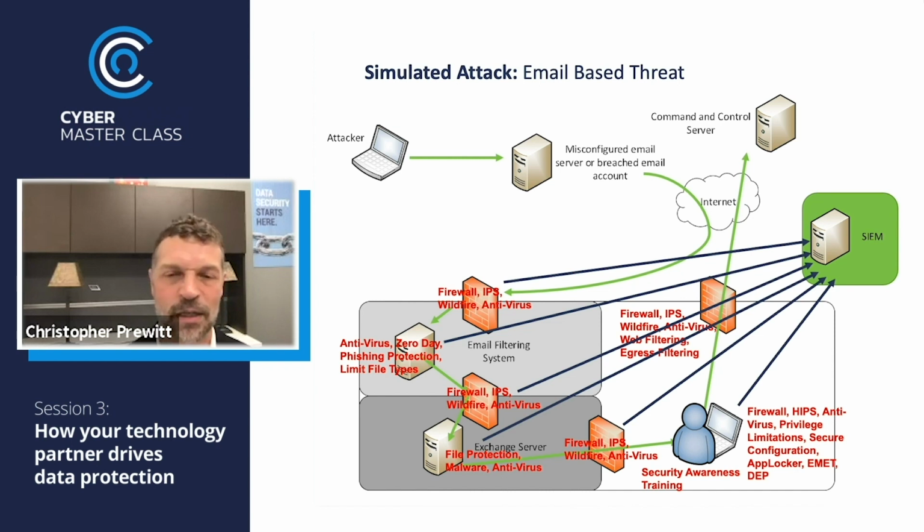But say it bypasses all of those, and the person clicks on it, the attacker gains access to that system. That laptop calls out to a command and control server out on the internet, and that is how the attacker corresponds or interacts with that device.